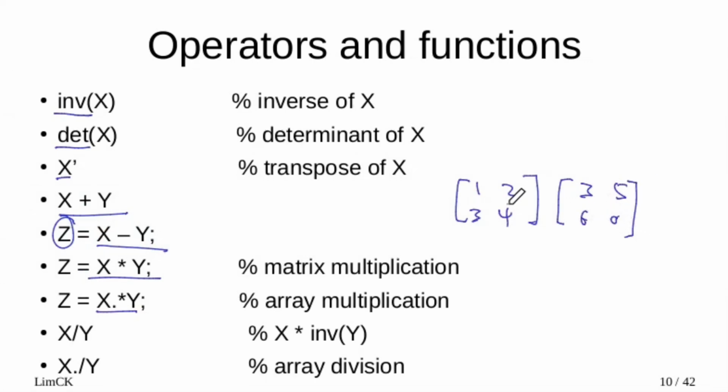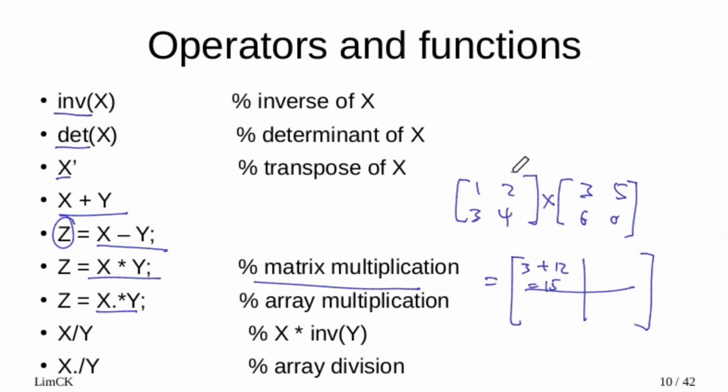So the matrix multiplication is a multiplication we use normally in matrix. The first result here will give us 1 times 3 is 3, 2 times 6 is 12. We get 15.